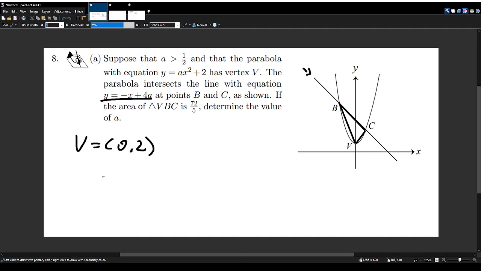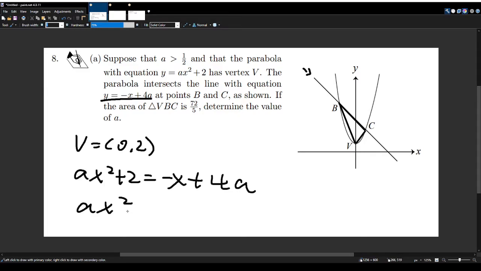So what we can do is just make them equal to each other. So ax squared plus 2, that's the equation of the parabola, equals negative x plus 4a, right? And bring all this to the other side: ax squared plus x plus 2 minus 4a equals 0.